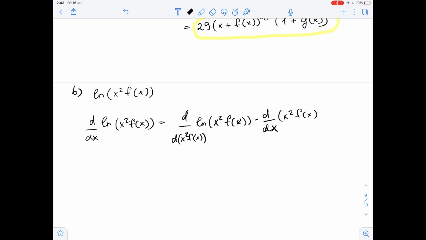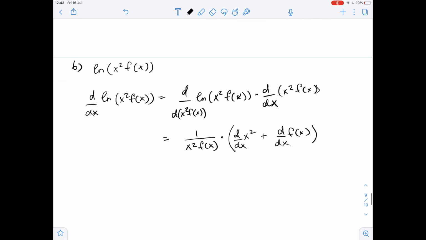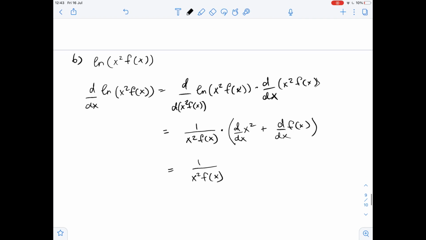Let's simplify it now. So this equals 1 over x squared times f of x multiplied by, here we will use the product rule for derivatives, and we get the derivative of x squared with respect to x plus the derivative of f of x with respect to x, and this equals 1 over x squared times f of x multiplied by 2x plus g of x.